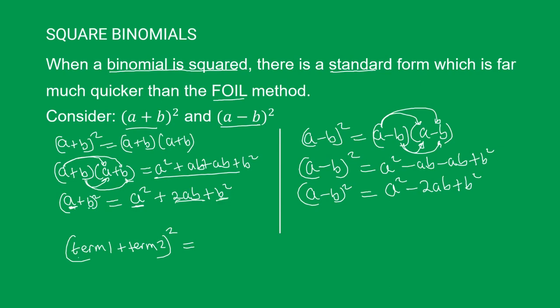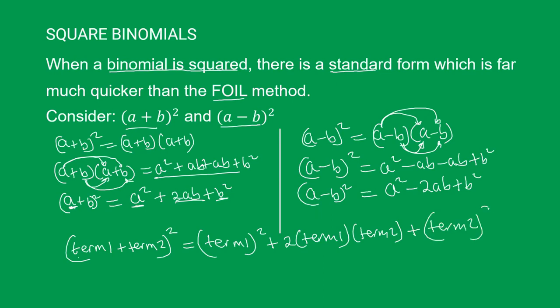And then the last term is term 2 squared. So we can generalize and say this is term 1 squared, plus 2 times term 1 times term 2, plus term 2 squared.